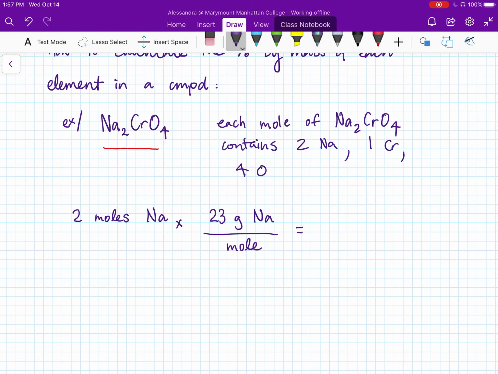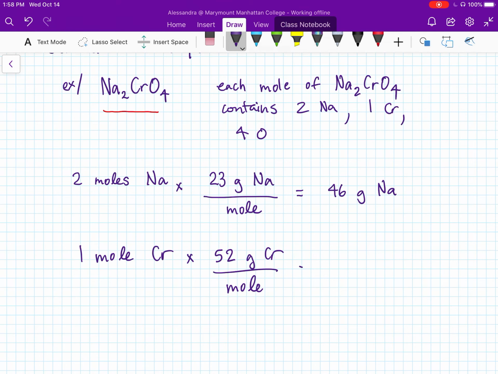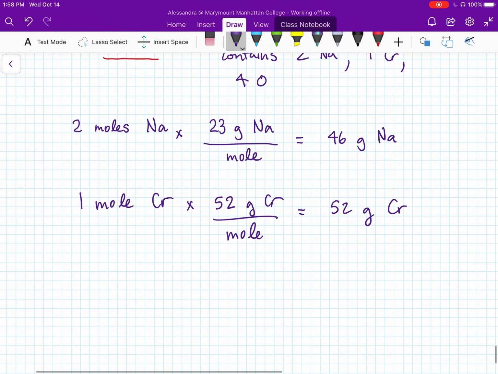So that means that if we have 1 mole of sodium chromate, we're going to have 46 grams of sodium in that mole. Similarly, in that 1 mole of sodium chromate, we have 1 mole of chromium. Its atomic mass is about 52 grams per mole, so we have 52 grams of chromium.